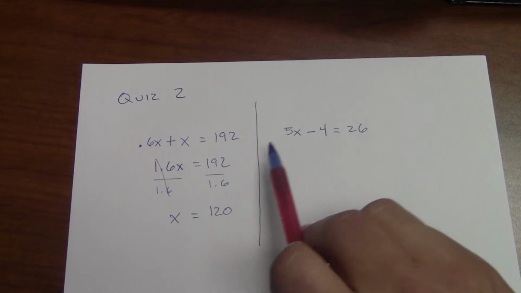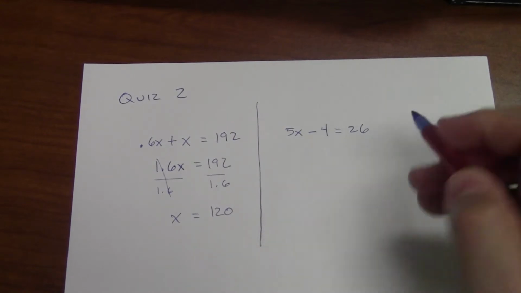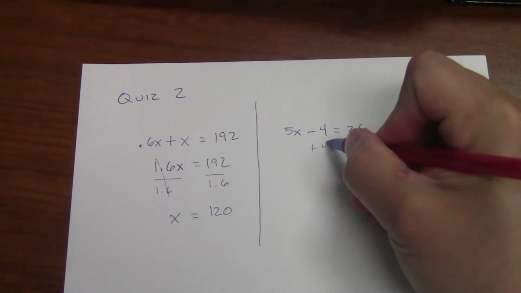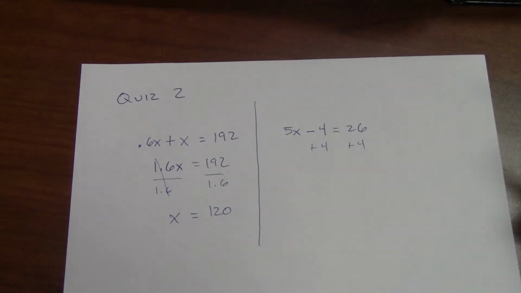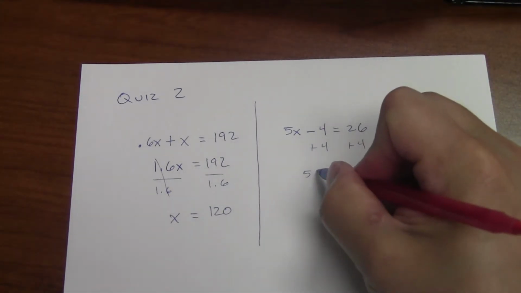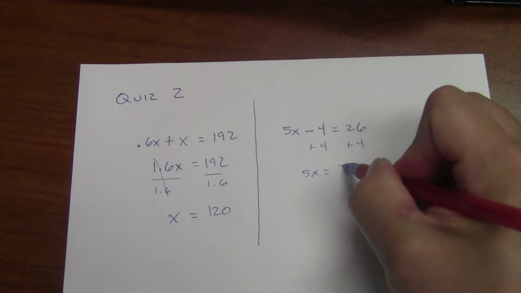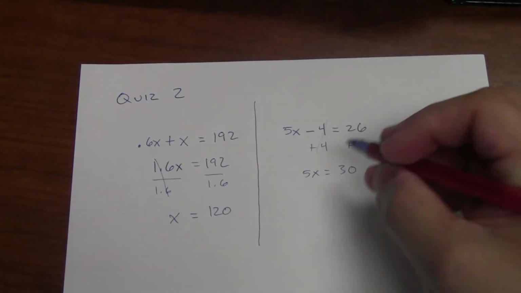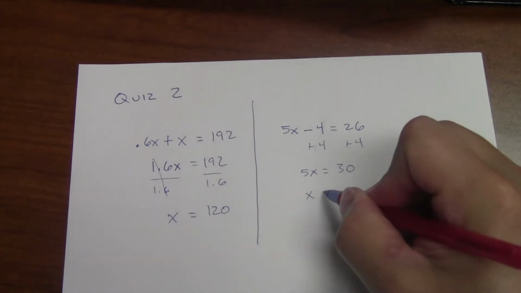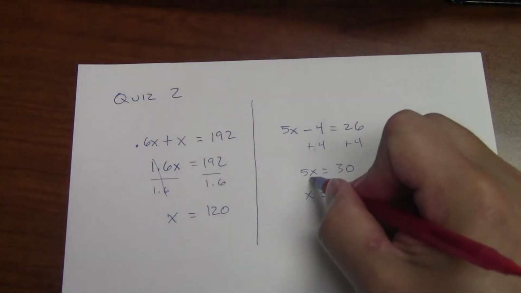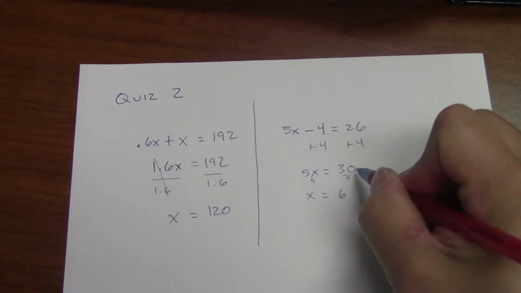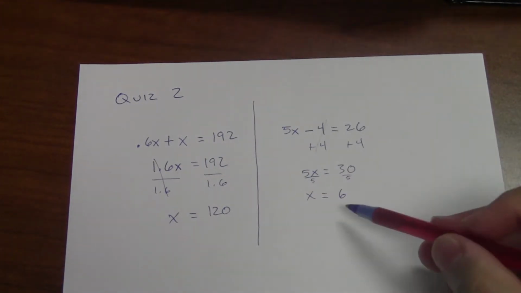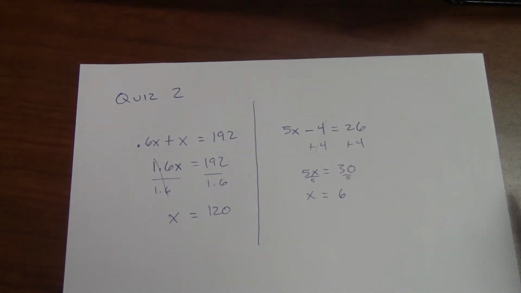So I want x's on this side, I want numbers on the other side, so I'm going to add 4 on both sides. So 5x equals 30. Those cancel, this gets added. Divide the 5 out, so x is equal to 6. Remember, that's just a 5 and a 5. We're just dividing. So 6 is your answer.